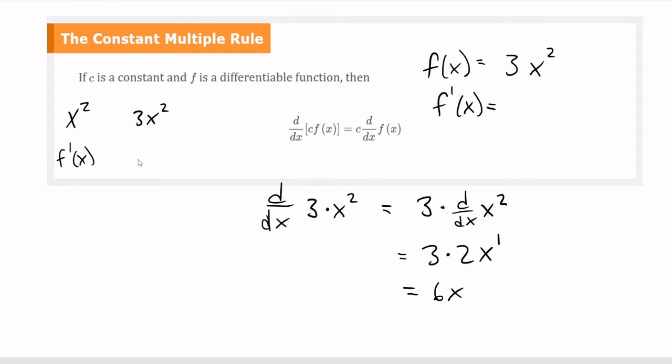So shouldn't the rate of change just be 3 times? If this is f of x, shouldn't the rate of change just be 3 times the rate of change of this one? All I'm changing here is times 3. So the speed of the particle, whatever you want to think of, should just be tripled. That's it. That's what this rule says. Okay, so pull out the constant.